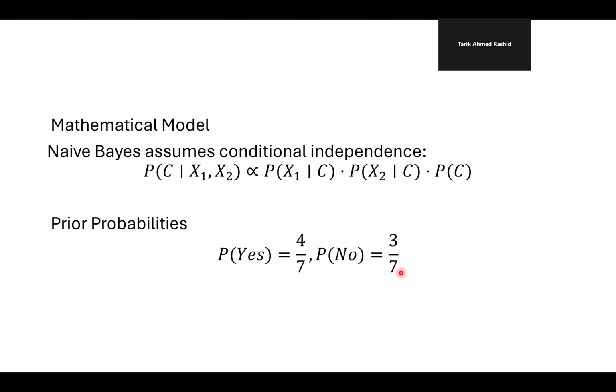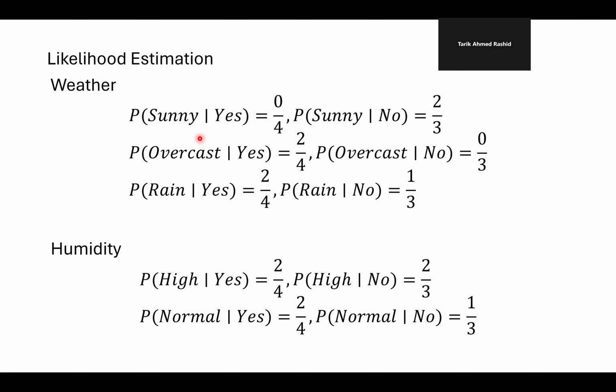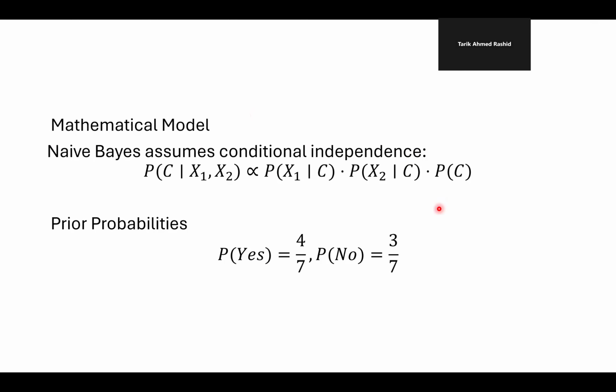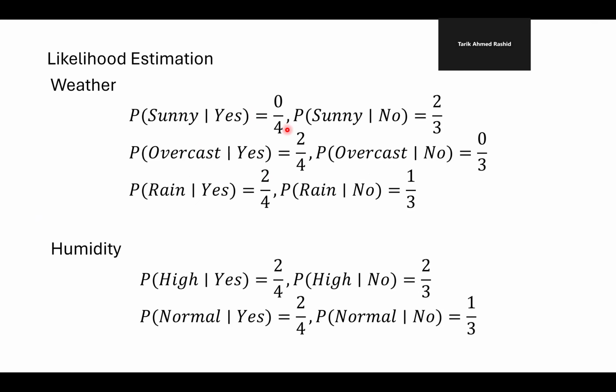So for yes, 4/7, because we have 7 samples in total, 4 of them yes, and 3 of them no, so 3/7. Here, the probability of the sunny feature in the yes class: we will have nothing sunny if we look here, so it's 0. But how many yeses do we have in the data set? We have 4 yeses.